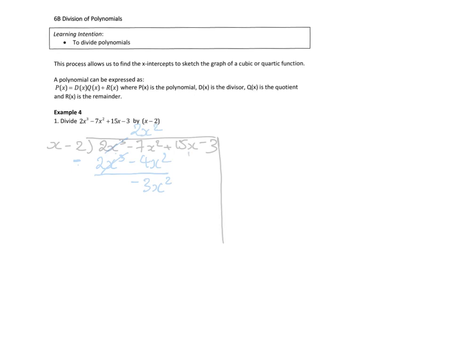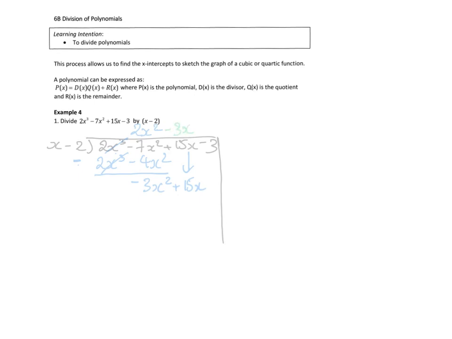All right, next thing to do is bring down the 15x. And we start the process all over again. We ask ourselves, how many times does x go into 3x squared? Or really, what do I need to multiply x by to get 3x squared? And the answer would be minus 3x.